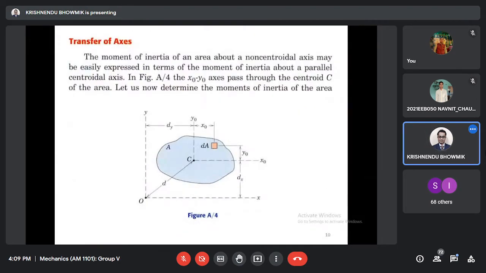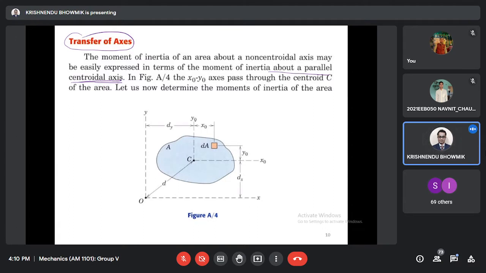Now, here we have the provision to transfer the axis, but those axes are supposed to be parallel to either the x-axis, the z-axis, or the y-axis. So we call it transfer of axis, provided we are using some parallel axis with the centroidal axis.